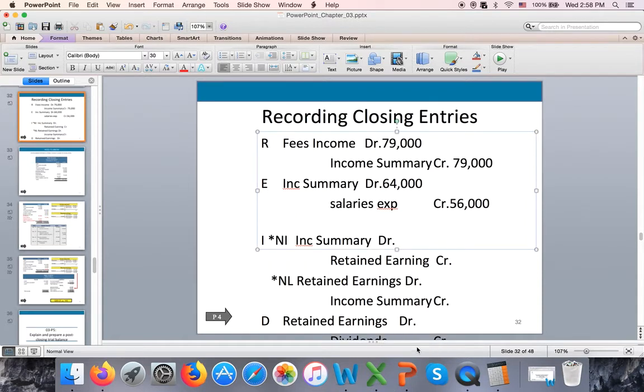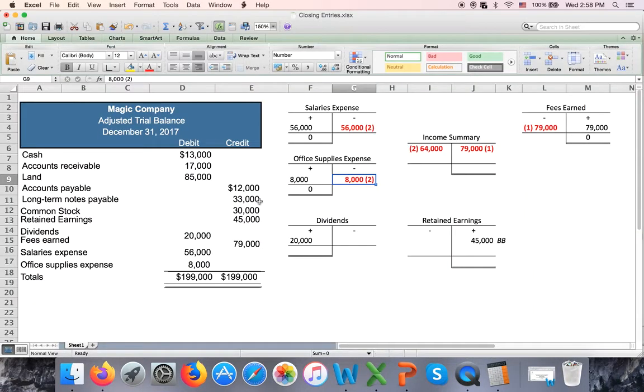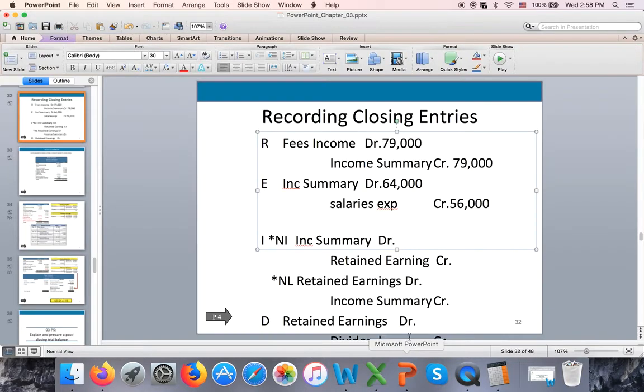And I have office supplies expense, $8,000. And if I have 10 expenses, I credit all of them separately. Guys, where does it go from the journal? All of this are posted to the ledger, right? You post all of them to the ledger. So as a result, my fees income and my expense accounts are zero.